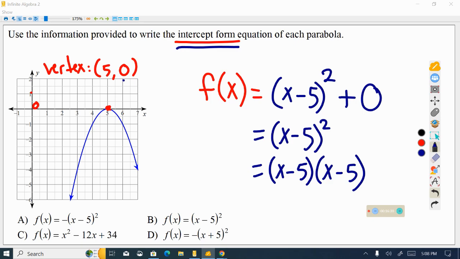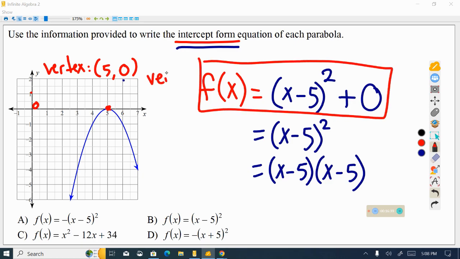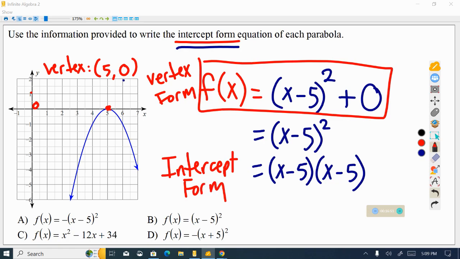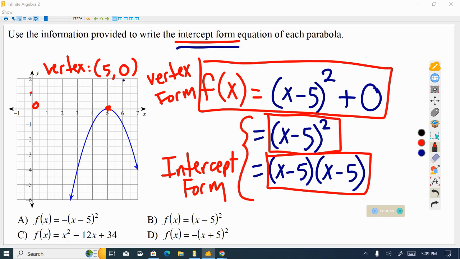So we see that now we've actually turned our vertex form up here. This was a vertex form. And we use that to write this in intercept form. Which would be like this, or like this. Either way, both of these would be intercept form.